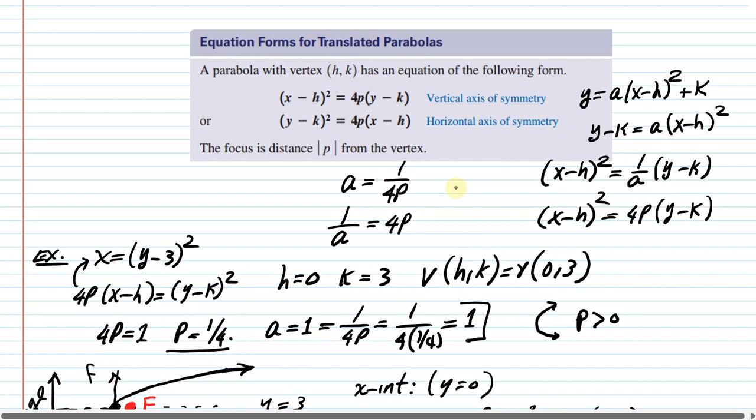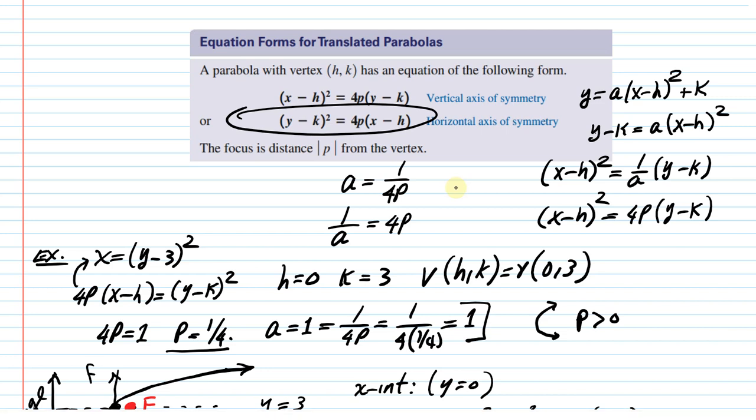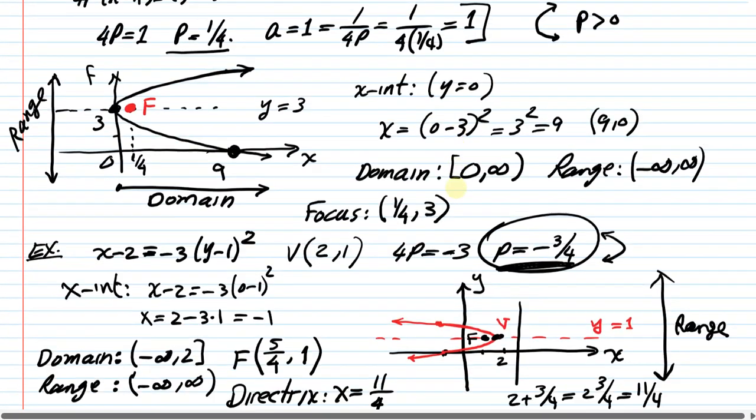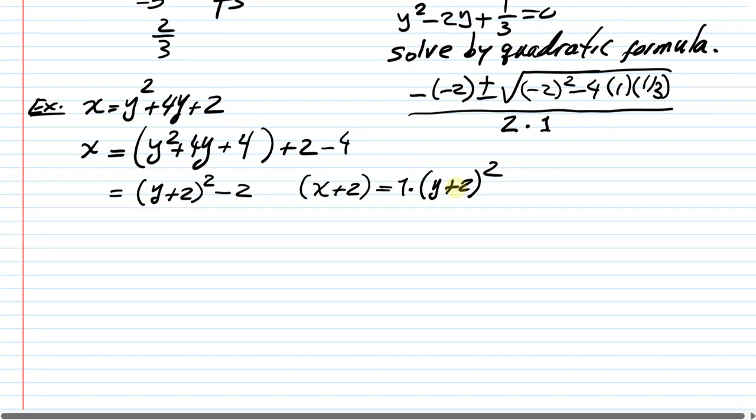The standard form is this, right? X minus h squared, or this one right in here. It's y minus k. Squared is on the left side. The non-squared term would be on the right side. So y minus k squared. And there you go.